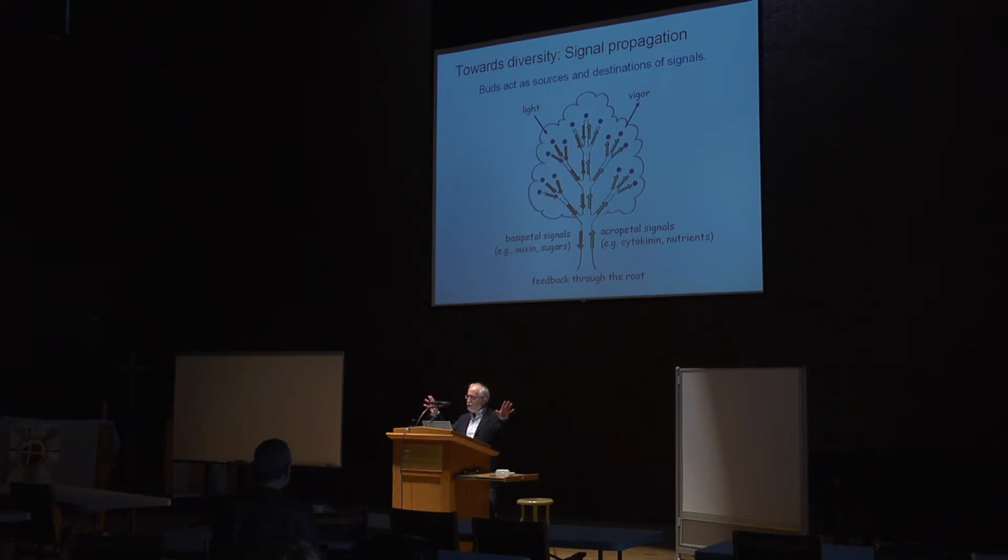Information about amount of light gathered by the apices is propagated downwards from apices towards the base of the tree. This is shown as these orange arrows. And then there's another information which represents vigor of branches in the entire tree, and this information propagates outwards, and this distribution is guided by this information about light.